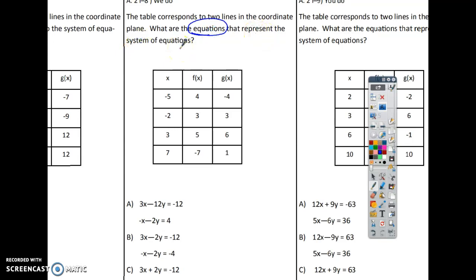So we can do lots of different things. I can solve all of these for y. A, B, C, D. That's 8 equations that you have to solve for y. That's going to take a long time. Or I can find the solution of this one, which is -2, 3, and see which one of those answer choices has the same solution.